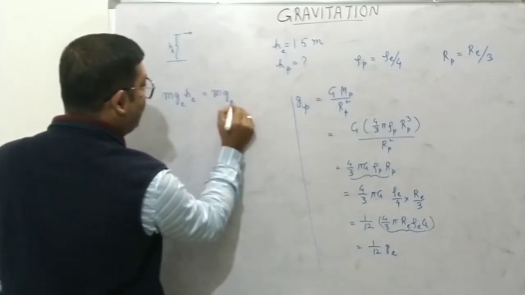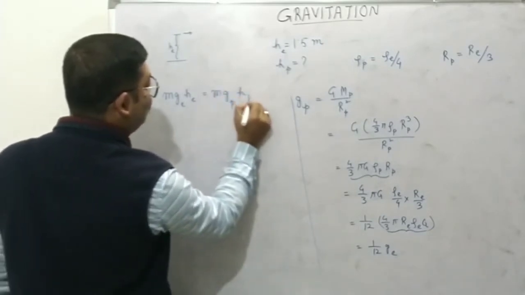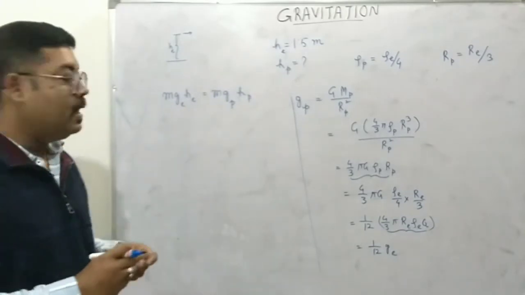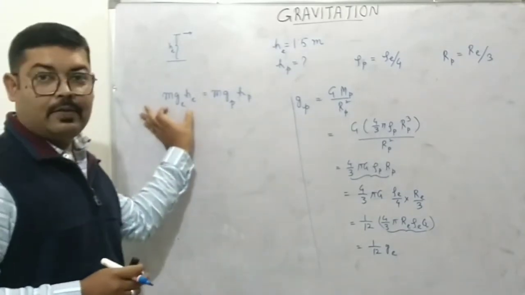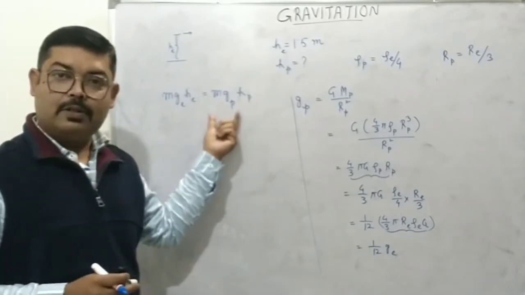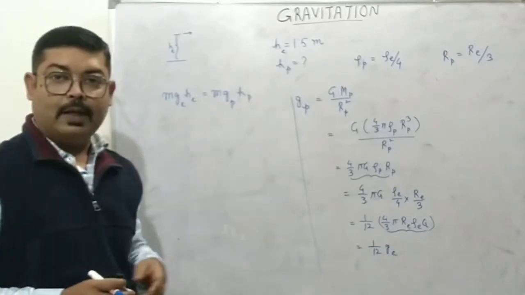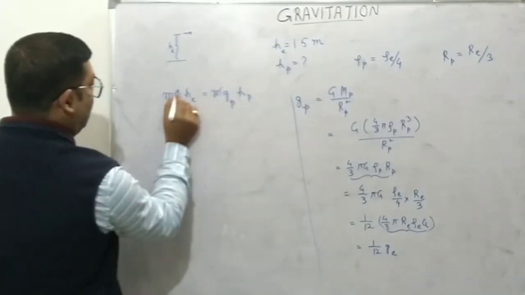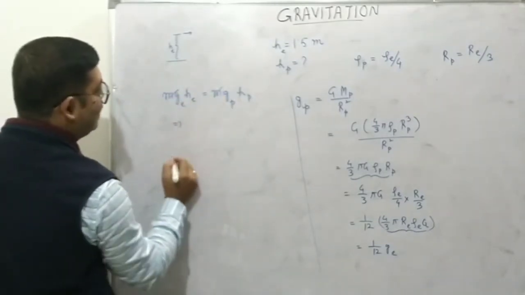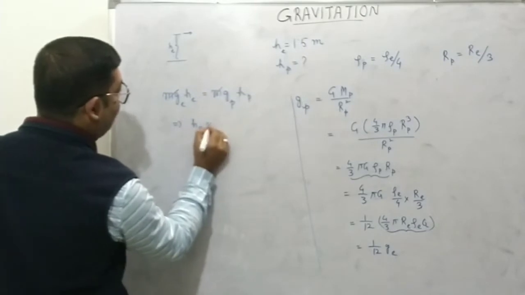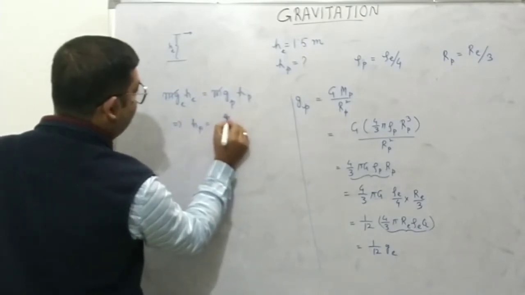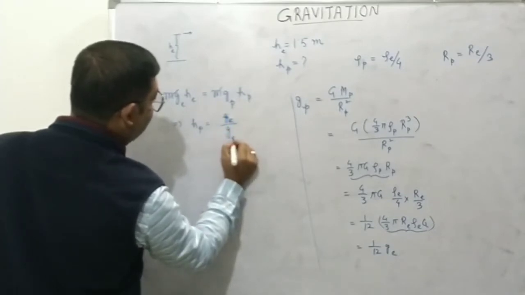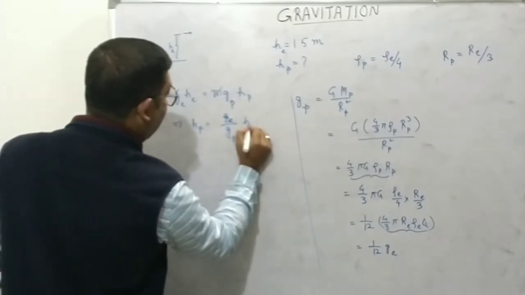Acceleration due to gravity of the planet will be different, and height to which he jumps will be different. But the maximum potential energy that the person can attain on Earth's surface will have to be the same as the maximum potential energy he can attain in the new planet. This gives us an opportunity to find h p. So we simplify this and we get h p equal to acceleration due to gravity on Earth's surface divided by acceleration due to gravity on the planet's surface multiplied by height on Earth's surface.